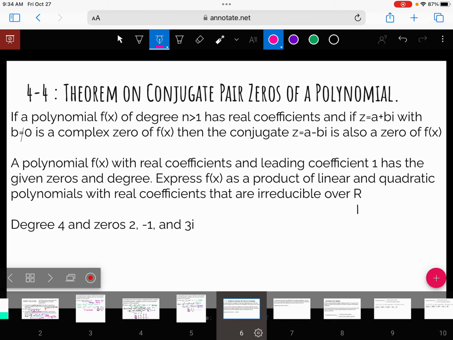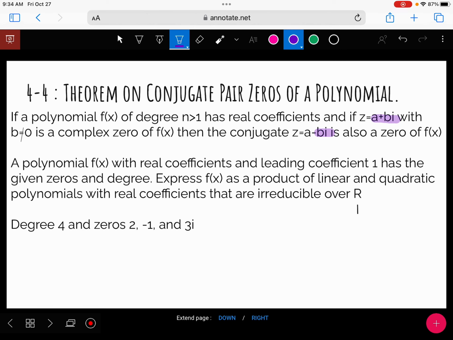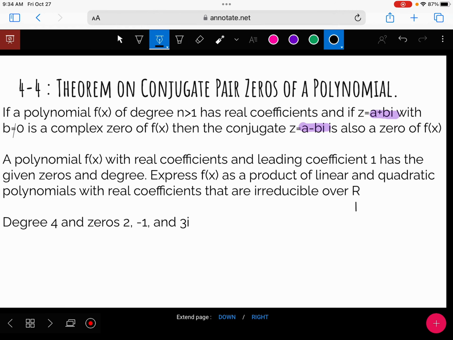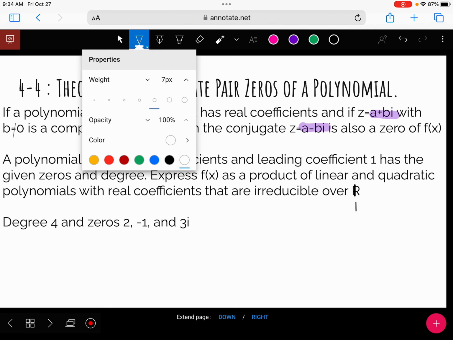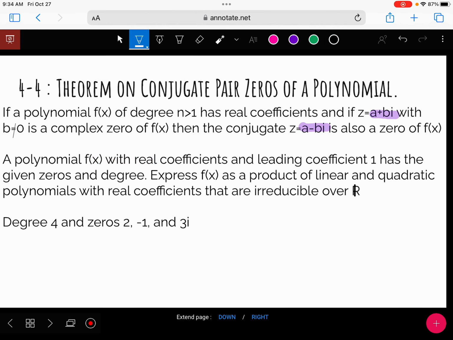What this is talking about is that our complex roots always come in pairs. The imaginary roots, remember when we had 3i? It was always plus or minus 3i. The same's true with a complex. It's not just imaginary. This is supposed to be real numbers, and that little line down below is supposed to be on the R. There we go.